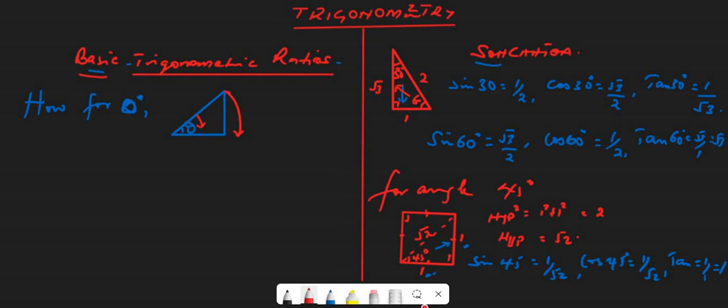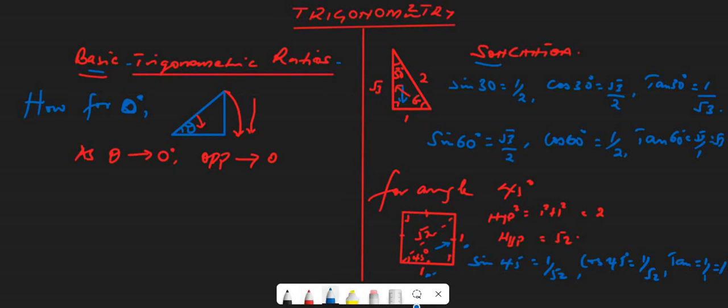But the most important thing is that as this theta moves towards 0 degrees, the opposite, this opposite height here, goes on reducing towards 0. Or we say opposite also tends to 0.